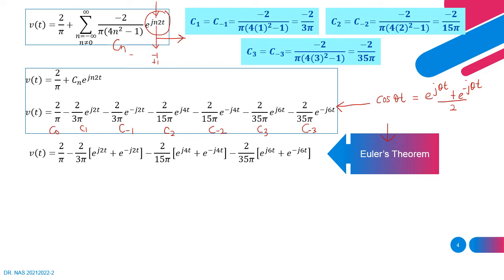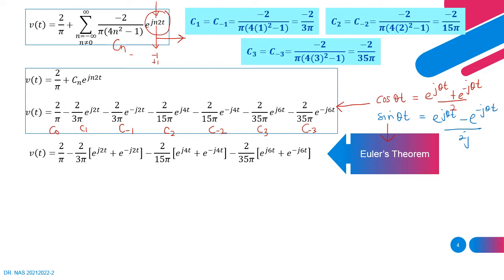But for a sine function, sine theta t equals e to the j theta t minus e to the minus j theta t, divided by 2j. This is derived from Euler's theorem.